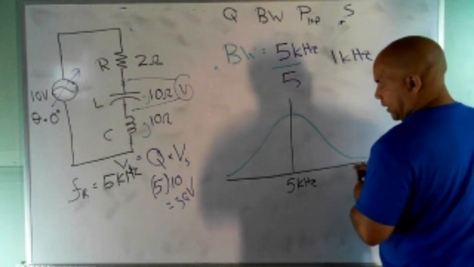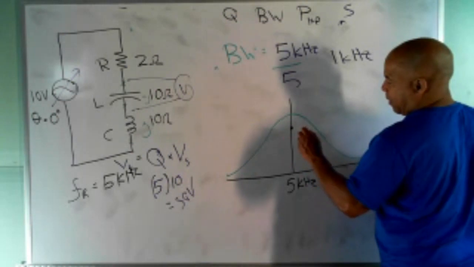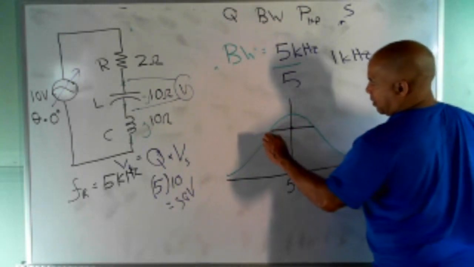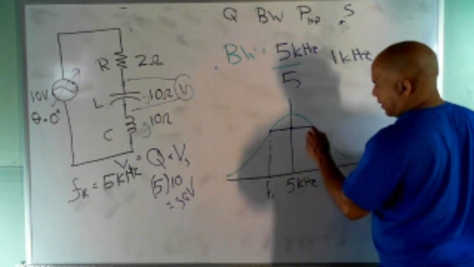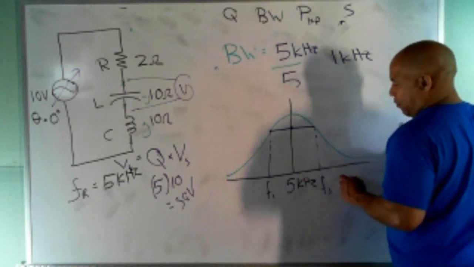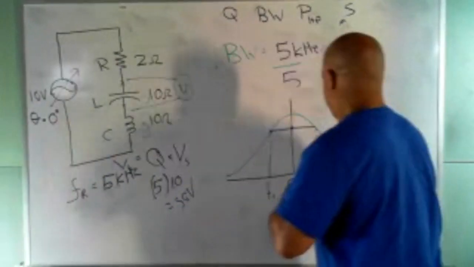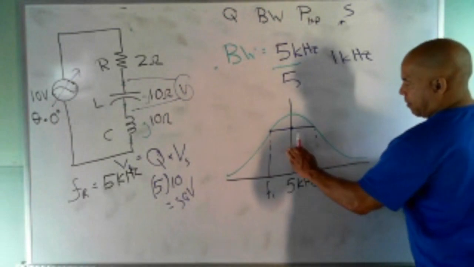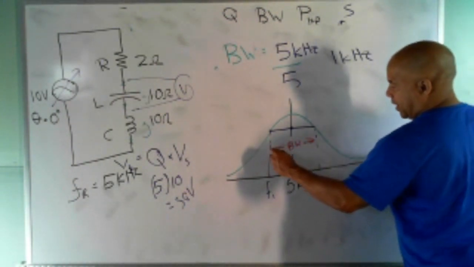And if I draw my points, this is the half power point, and I draw my line through, I know this is F1, and then this right here is F2. And what he's saying is the bandwidth is right here, from there to there.